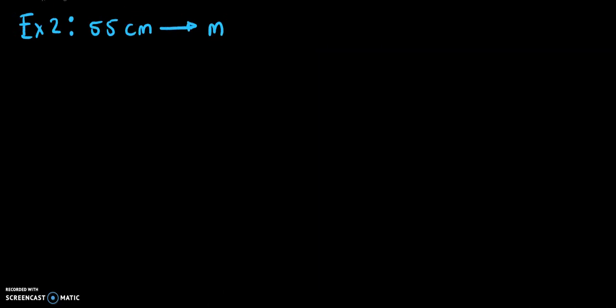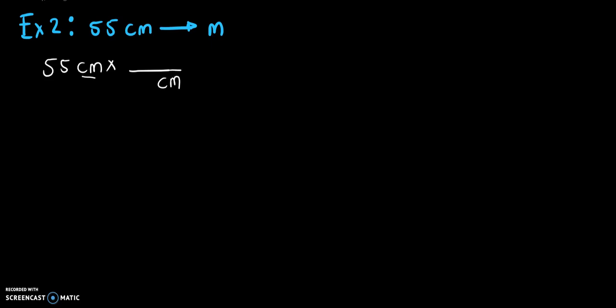Now, in this second example, we are converting 55 centimeters to meters. Likewise, the first step is to rewrite what we've been given, 55 centimeters, and then multiply by a conversion factor. But before throwing in numbers, we want to cancel the centimeter out. So we are dividing by centimeters.